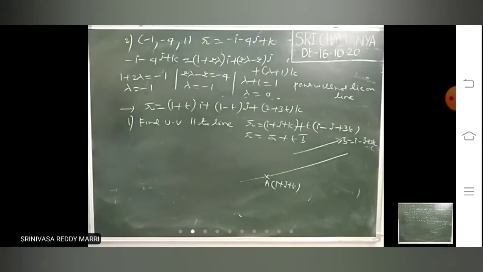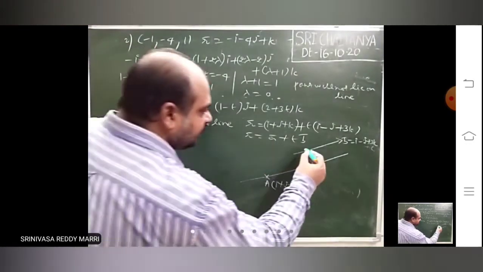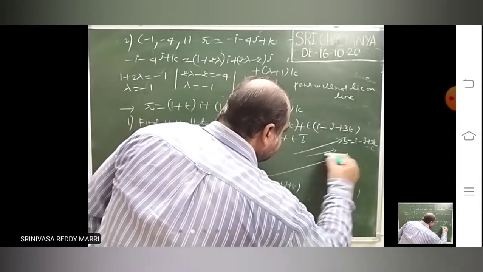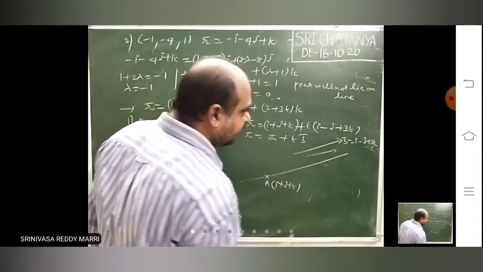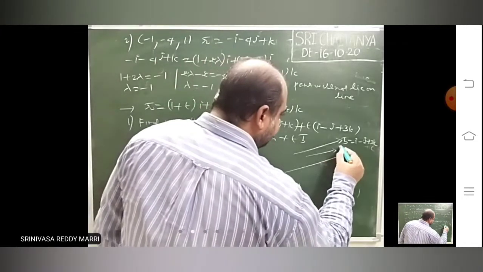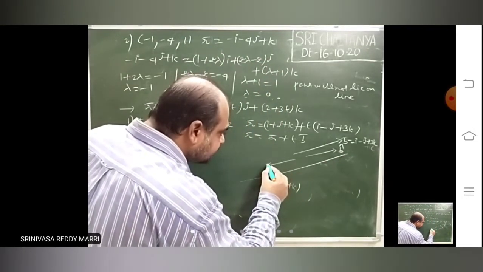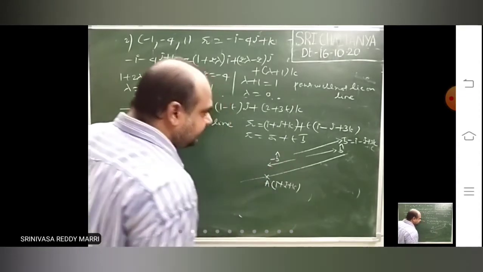Now a unit vector parallel to this line means, in this direction one unit vector. That means the unit vector in the same direction of b bar, that is b cap, and the unit vector in the opposite direction of b bar, that is minus b cap.